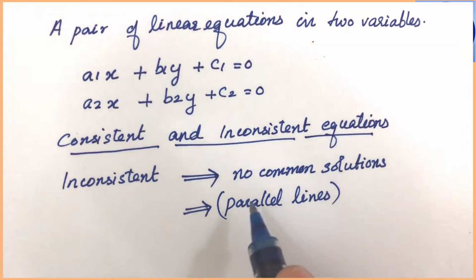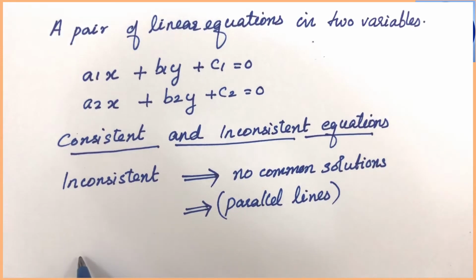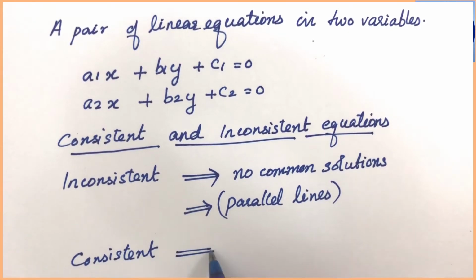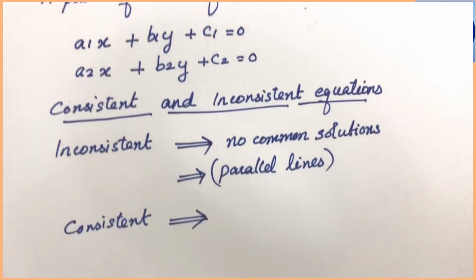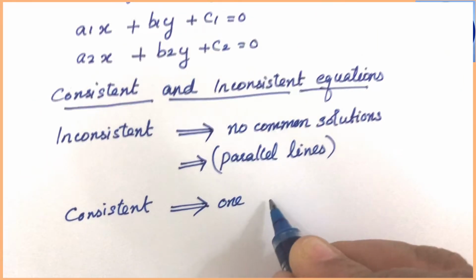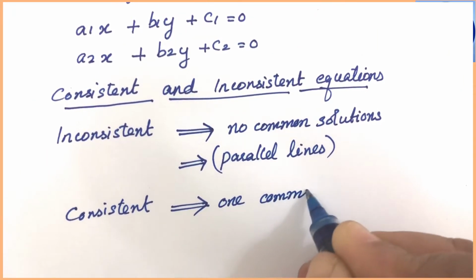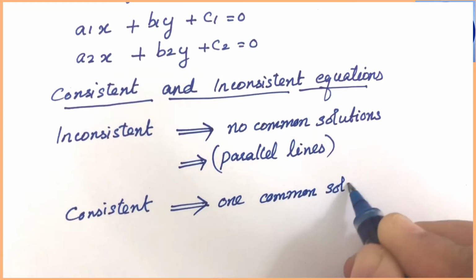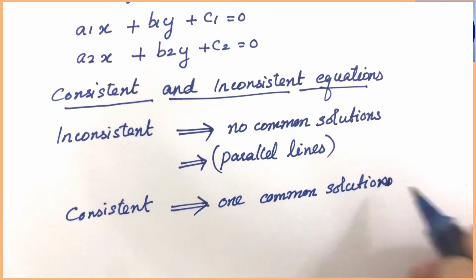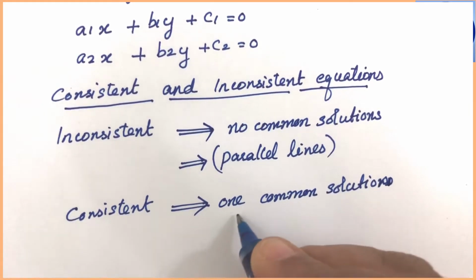Then what are consistent pairs of equations? Consistent means the opposite. They have at least one solution or more than one solution. If there is one common solution or infinitely many solutions, then we say the equations are consistent.